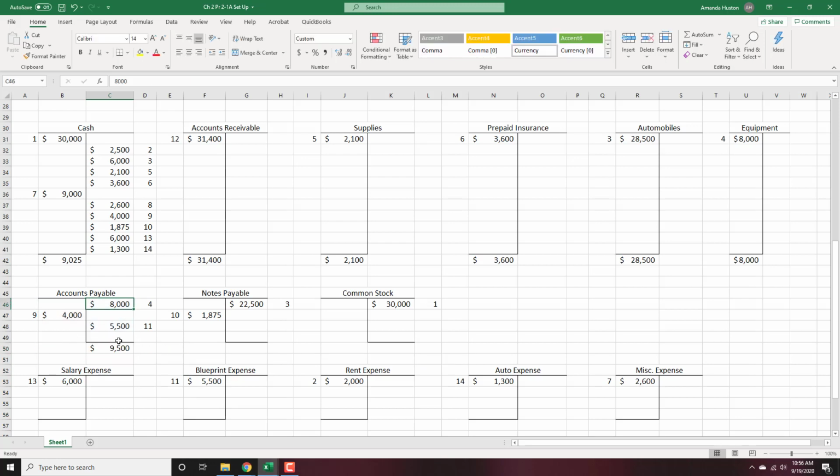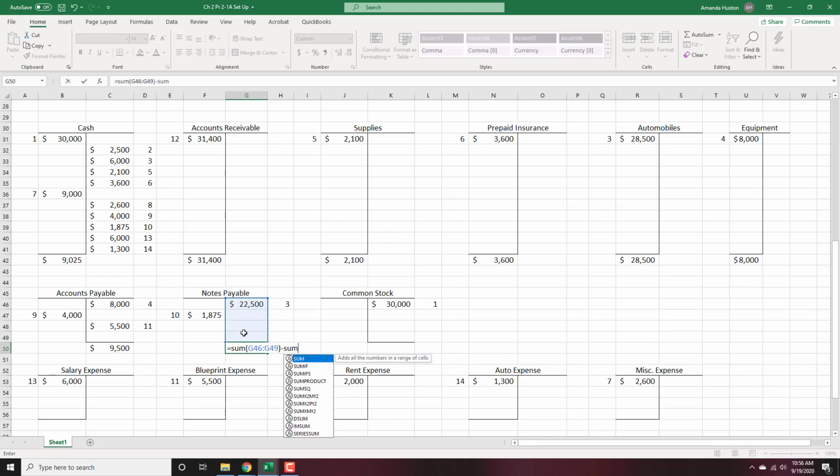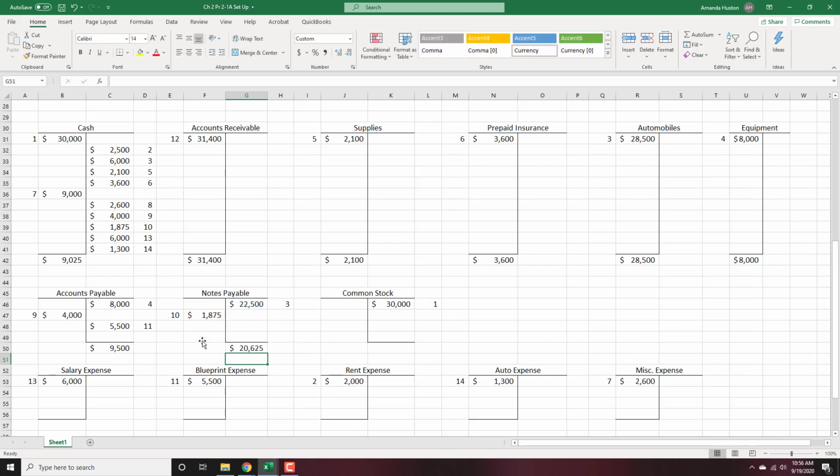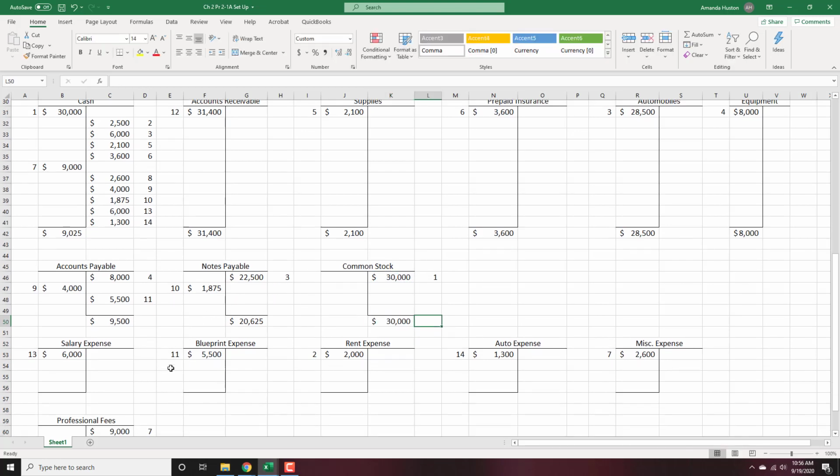So that means they had accounts payable, which means the positive of this, and subtract this, then add this, and they end with $9,500. Notes payable is the same as accounts payable. It's a liability. So we're going to add up all of this side, then subtract anything that happened on this side. And that's the balance for accounts payable. Notes payable. Common stock only has one transaction, but the formula would be the same as notes payable.